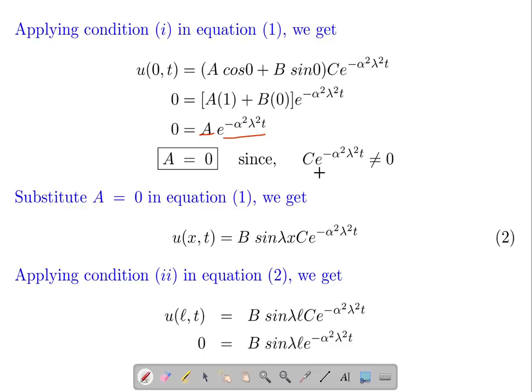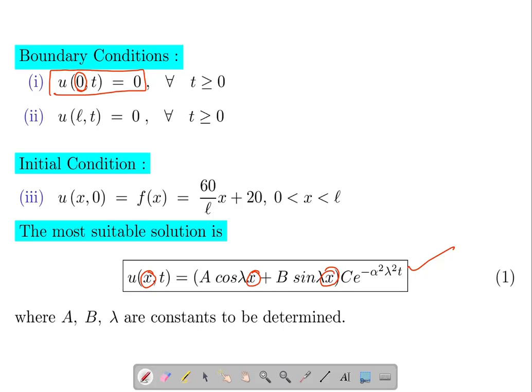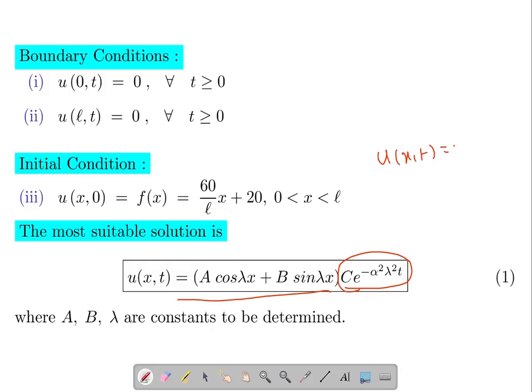Here we denote that this is non-zero. Why is this non-zero? Suppose this part is 0, then we know that the solution is 0. So that's why we consider that 0 into anything, the whole thing tends to 0, and u of x comma t is always 0.